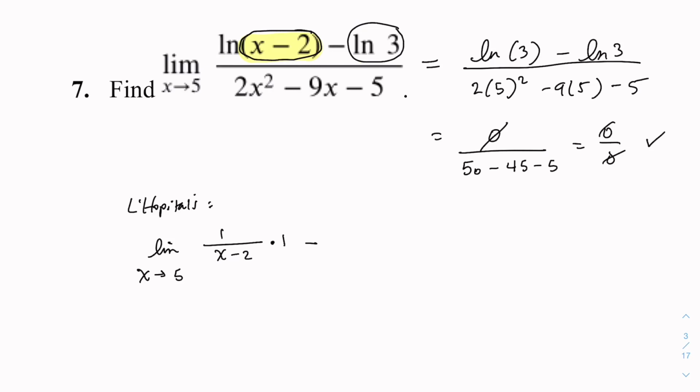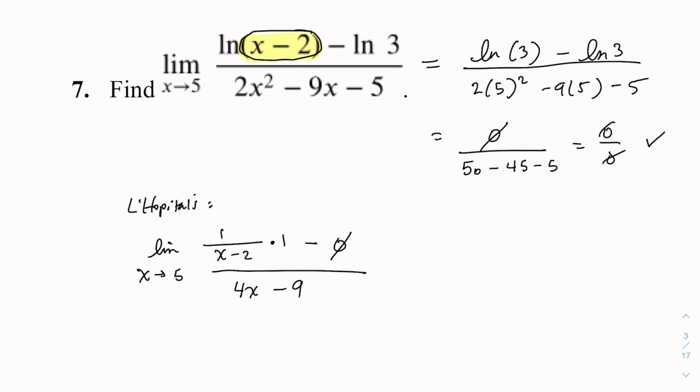Now natural log 3 is just a constant. If you plug it into your calculator, you're just going to get a number. So the derivative of any constant is 0. That guy will collapse. All over 4x minus 9.